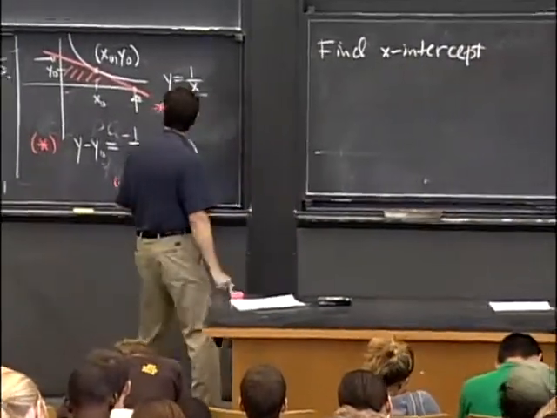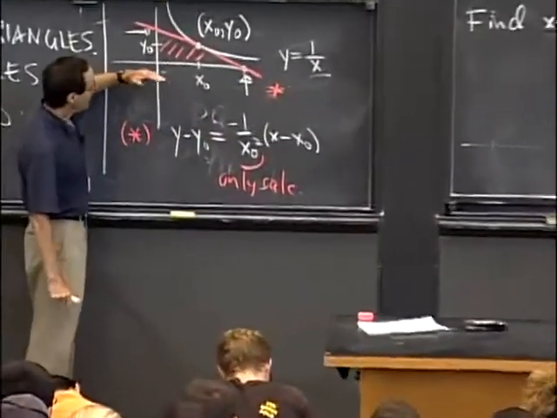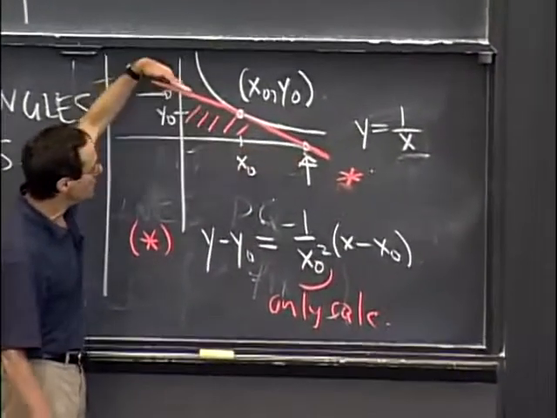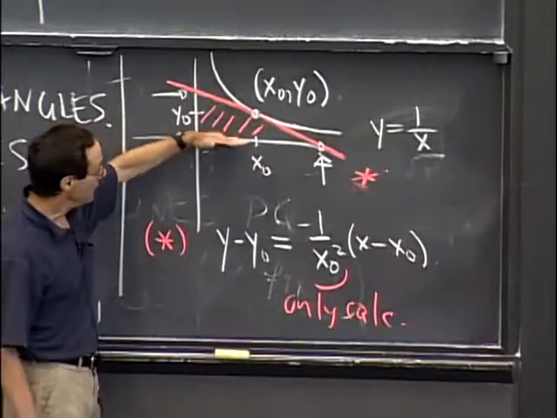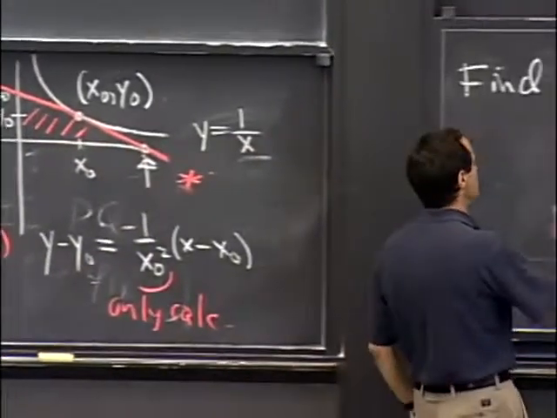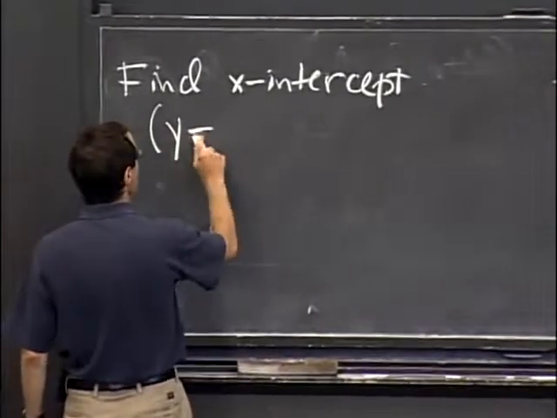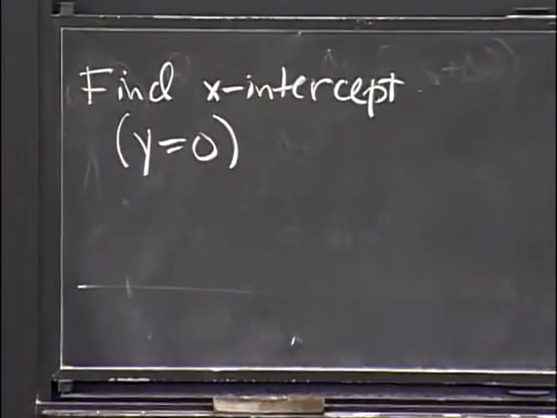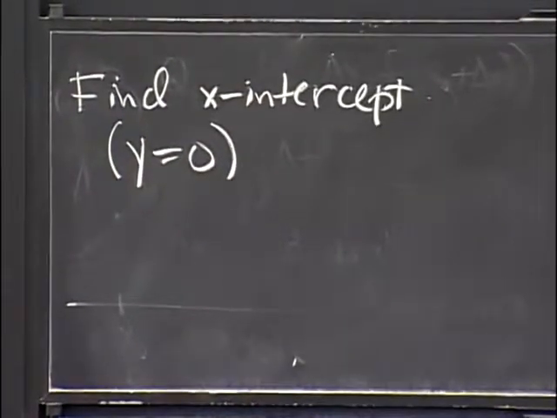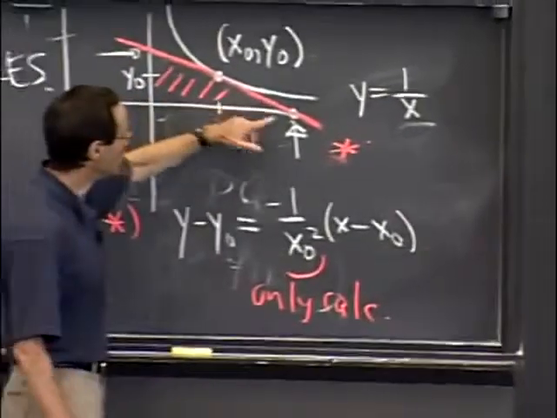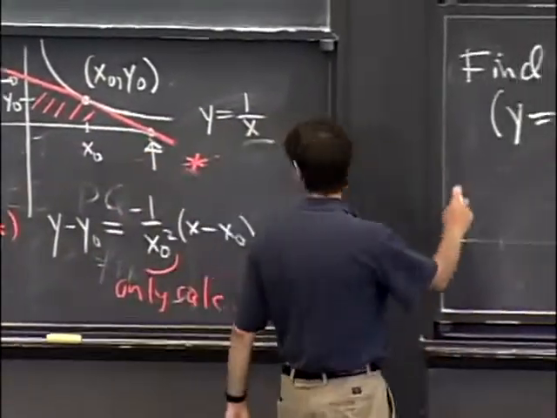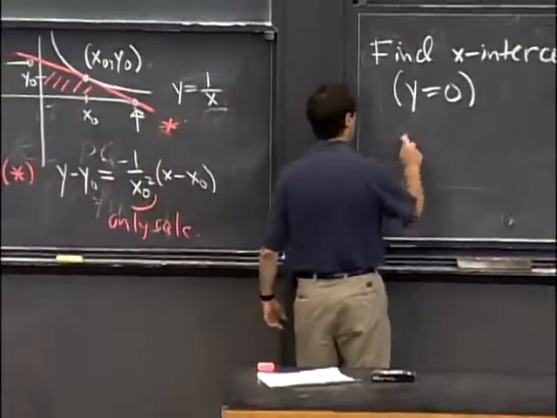So to do that, what we need to do is to find where this horizontal line meets that diagonal line. And the equation for the x-intercept is y equals 0. All right? So we plug in y equals 0, that's this horizontal line, and we find this point. So let's do that into star.